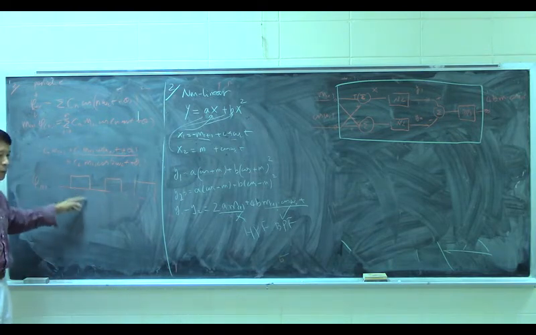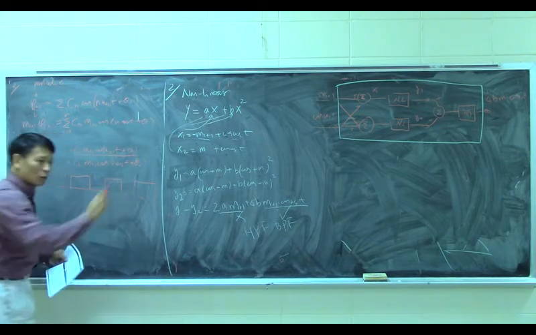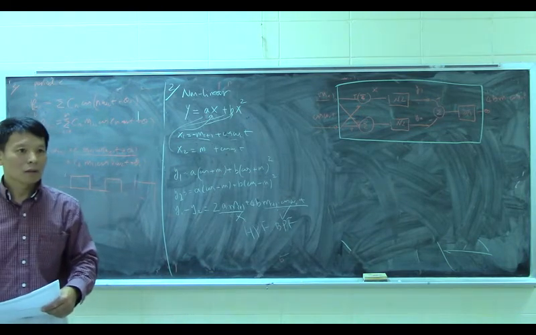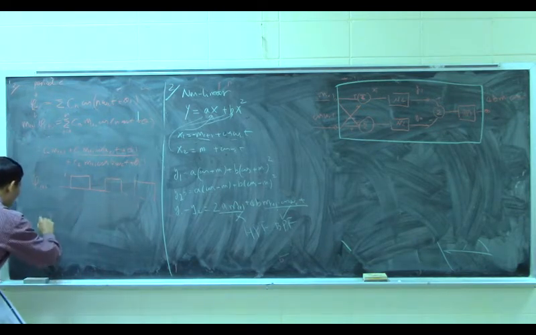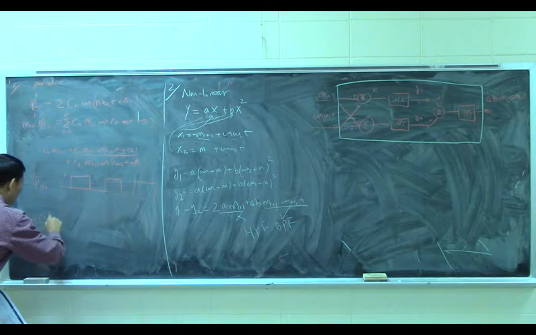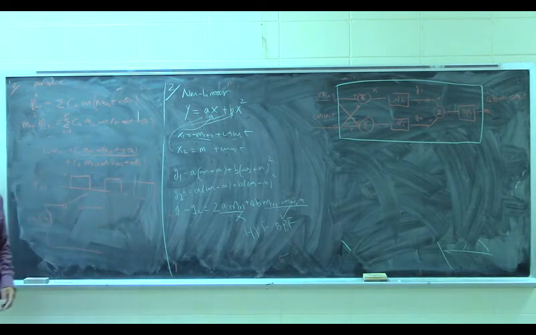Your m(t) is multiplied by this signal. So this is 1, this is 0, this is 1, 0. What does that mean? That means you have this m(t) here, and you have a switch here, like this.